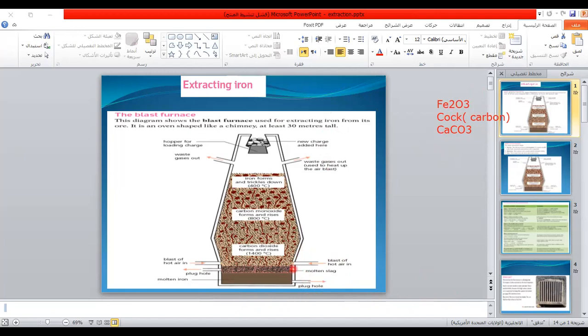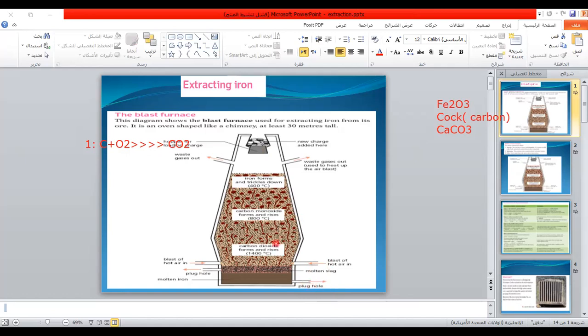In this area, I have the first equation. Carbon will react with oxygen to form carbon dioxide. As you see here, the temperature is 1,400 degrees Celsius.